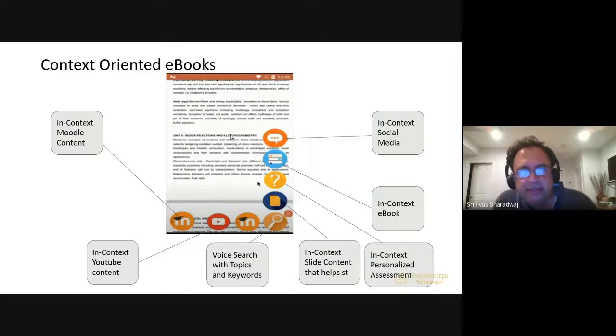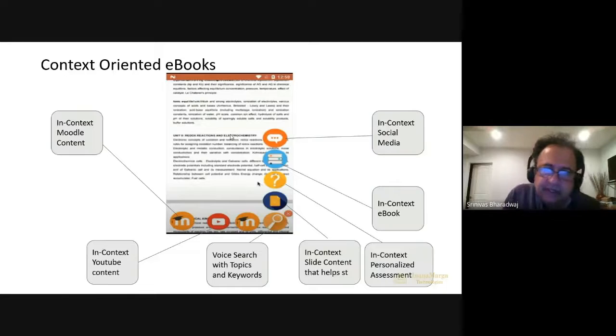So you go to physics, and then you go to the particular unit. When you go to the particular unit, you can go to the particular section in the textbook, the particular videos, the particular slides, etc. That's the mechanism you have.